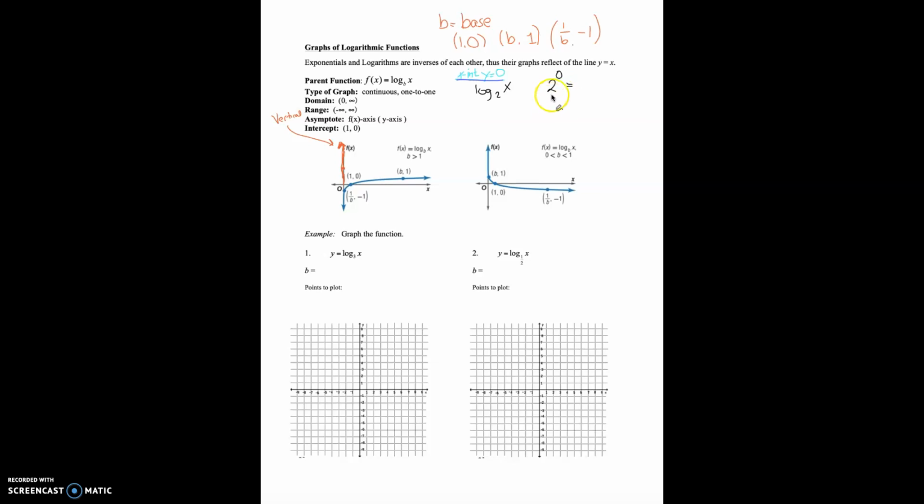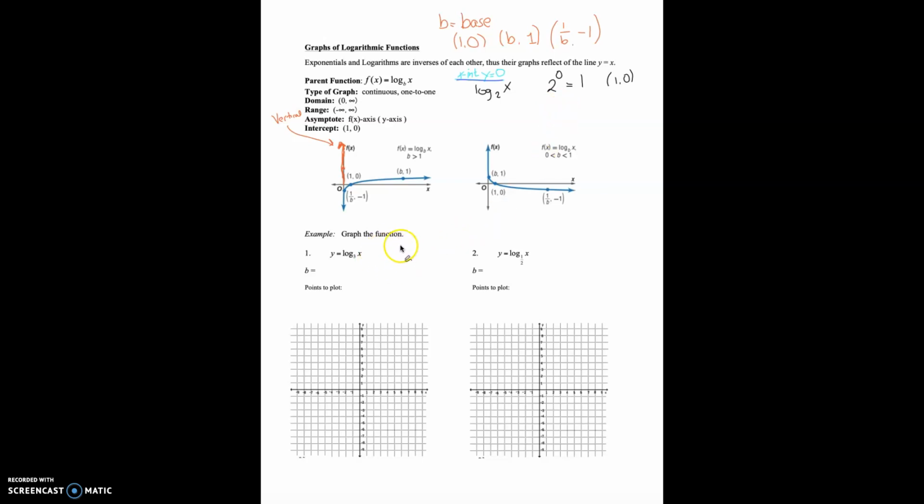Well, any non-zero number to the 0 power is 1. So that's where we get our point for our intercept of 1, 0. So it doesn't matter what the base is. The base could be 15. 15 to the 0 power is 1. The parent graph is always going to have that as your x-intercept.